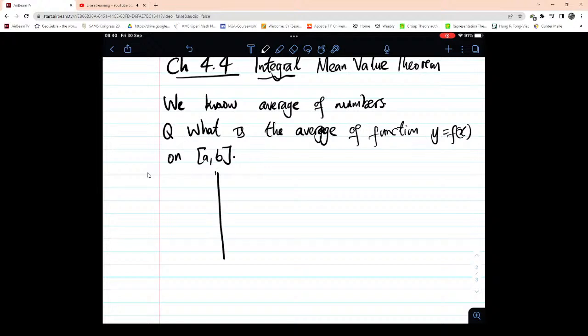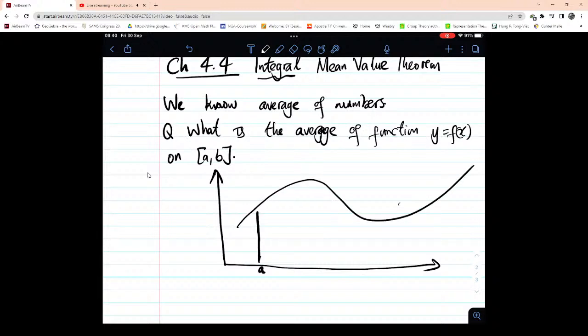And just to show you what we are trying to see, suppose you've got an a there. Let me put a solid line, and then you've got a function which we are calling y is equal to f of x.